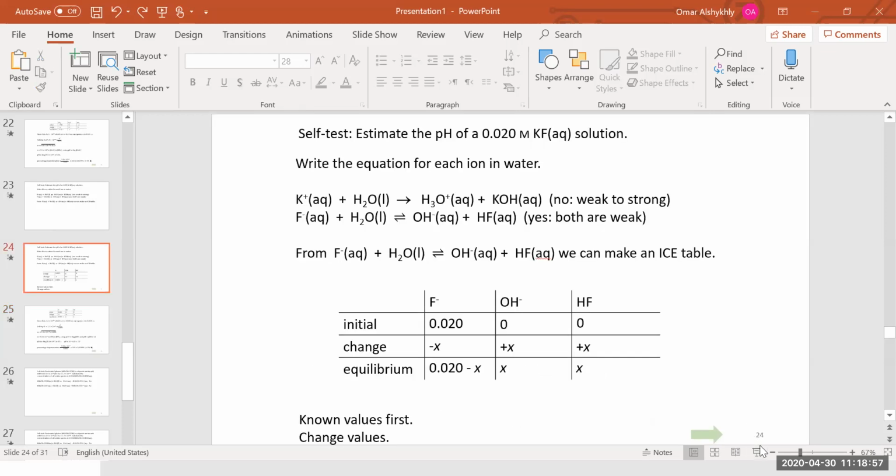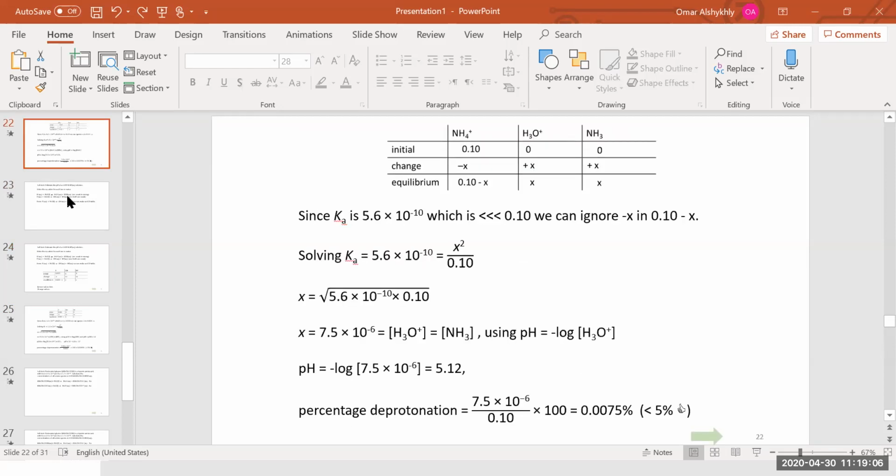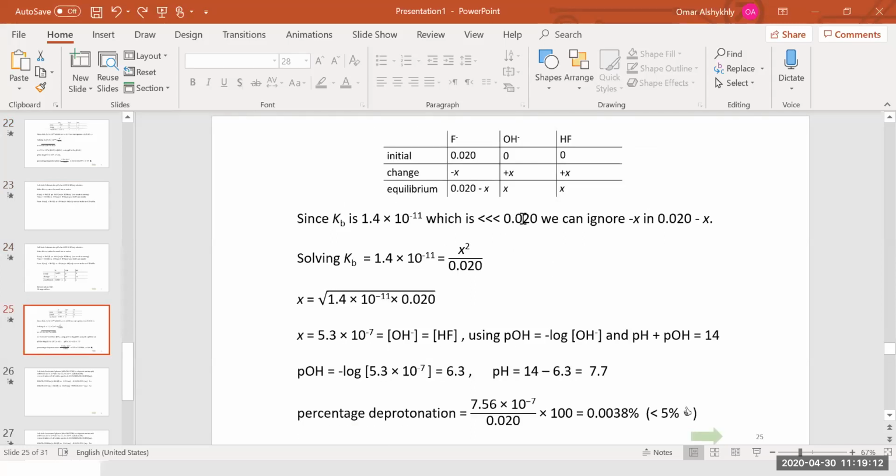I have to give it to the K sub B. K sub B is 1.4 times 10 to the negative 11, which, of course, times 100 would be less than 0.02. So we will ignore the x in our calculation. K sub B will equal x squared divided by 0.02. And x will equal the square root of this, and x will equal 5.3 times 10 to negative 7.